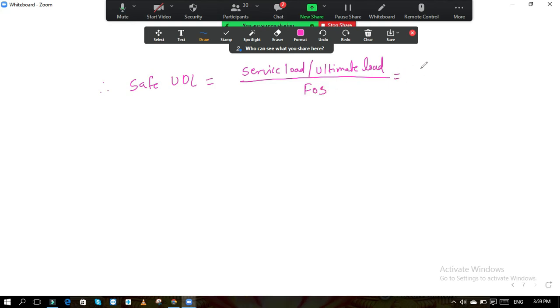So it is 51.95 divided by the factor of safety, which is 1.5. So your safe UDL will be, what is the answer?